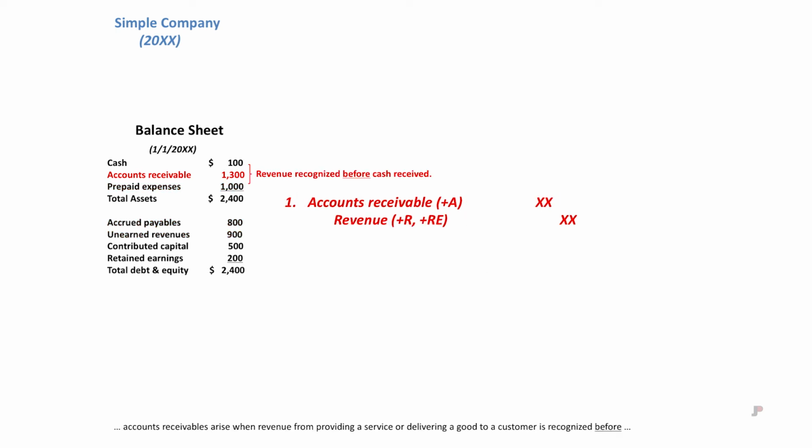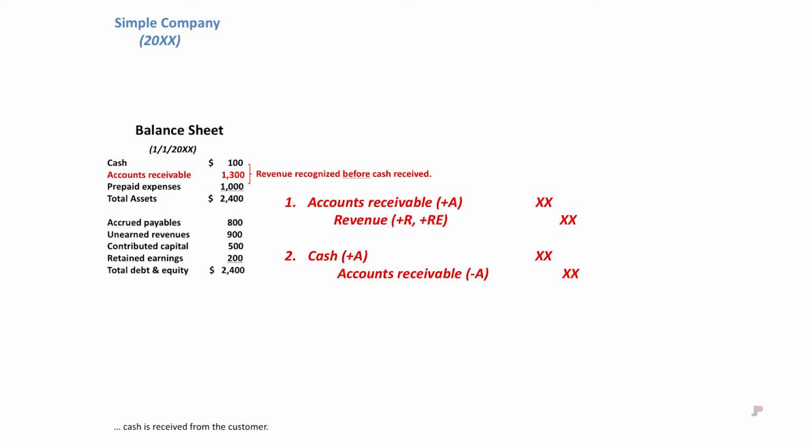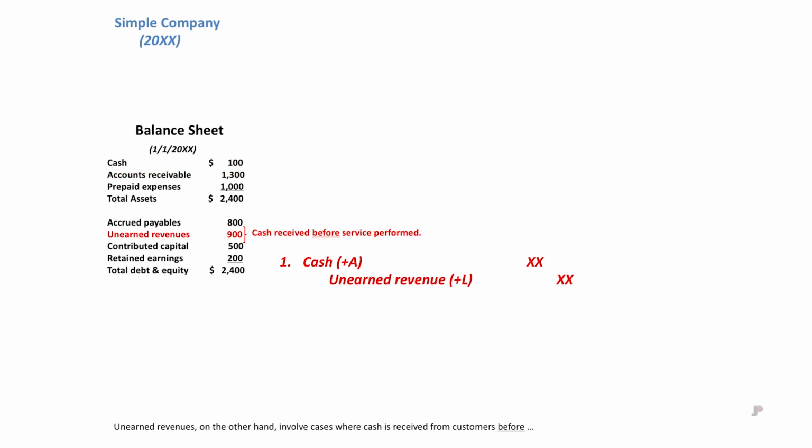For example, accounts receivable arise when revenue from providing a service or delivering a good to a customer is recognized before cash is received from the customer. Unearned revenues, on the other hand, involve cases where cash is received from customers before a good or service is delivered and the related revenue is recognized.